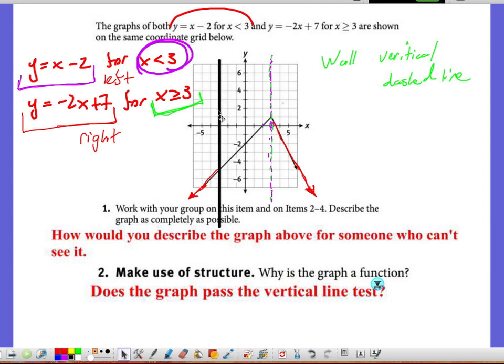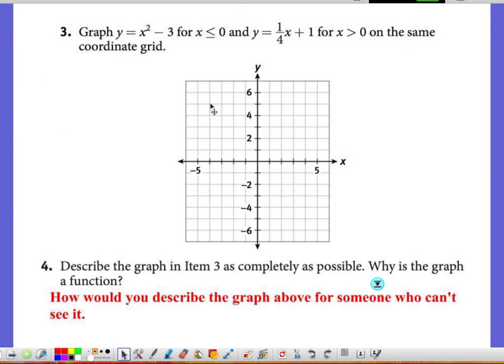If it intersects at more than one point, it is not a function. So as you can see, the graph only intersects at exactly one point everywhere. So this is a function.